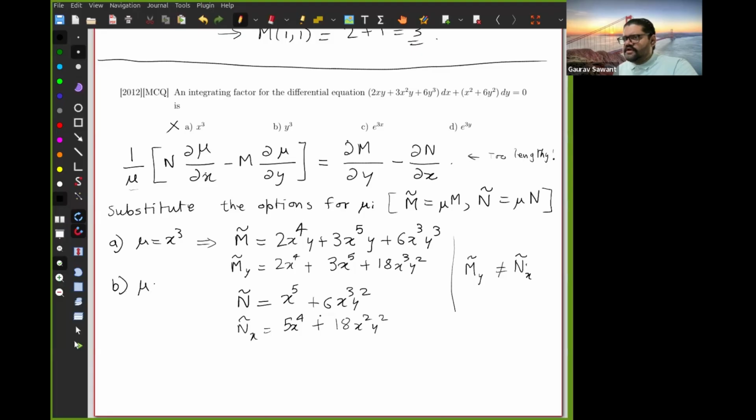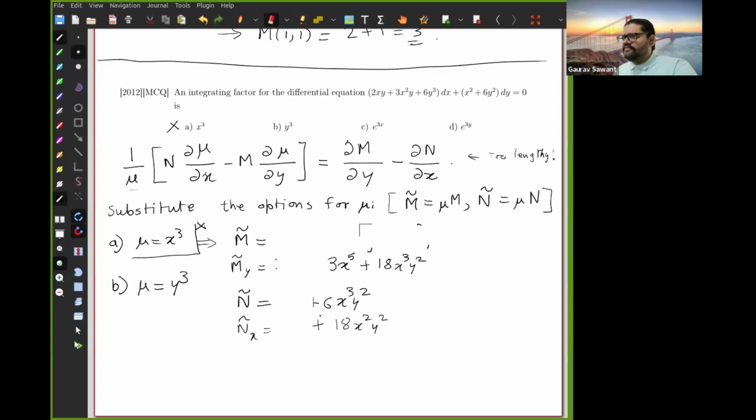Let's try mu equal to y cube. In this case, what are my M tilde and N tilde?